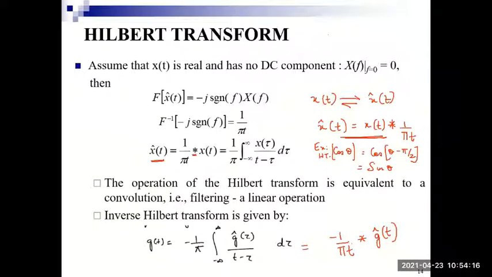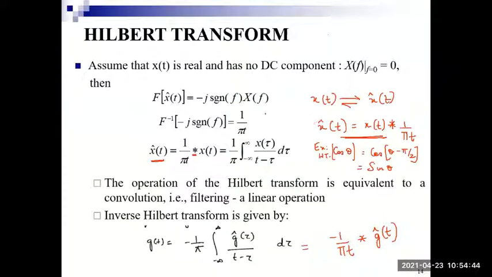What is the convolution operation of g cap of t with minus 1 by pi t? I have taken minus 1 by pi as a constant outside, and the convolution operation of g cap of t with 1 by t will be g cap of tau into 1 by t minus tau d tau. So please understand this carefully.